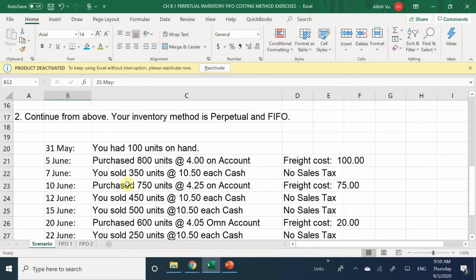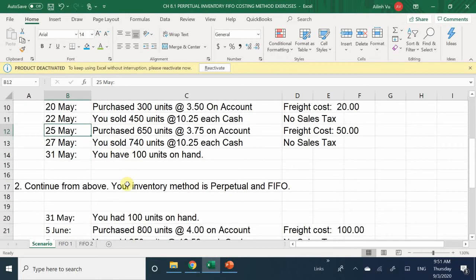Okay. Based on what we understood with your presentation, of course. And again, if you need to stop and think about it, I'll steer you towards the correct answer. But let's go ahead and continue. So here on May 31st, we have a total of 100 items on hand, and we know that from the previous one right here.